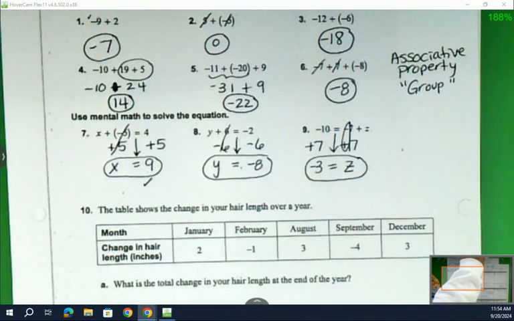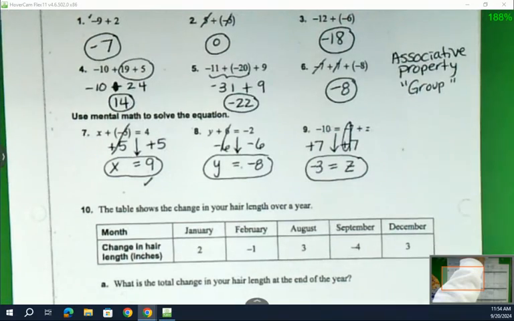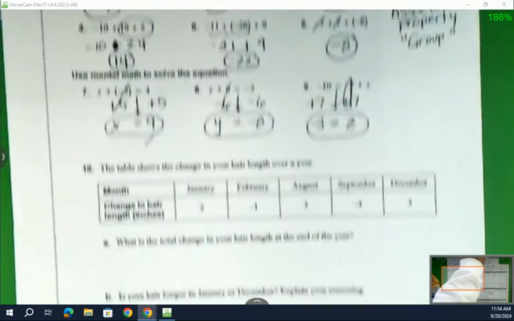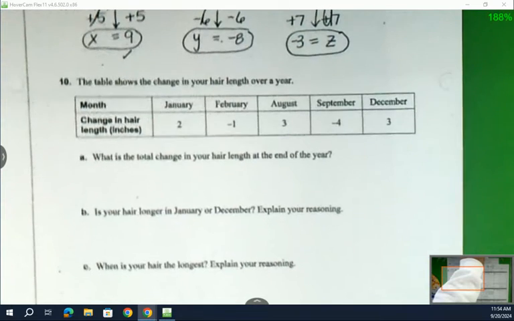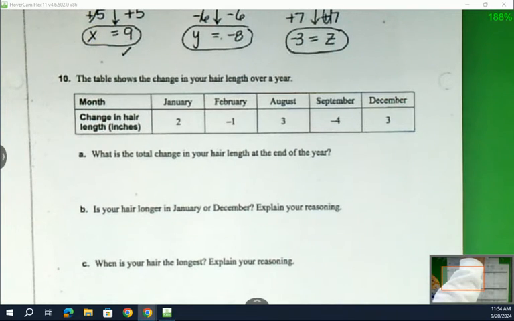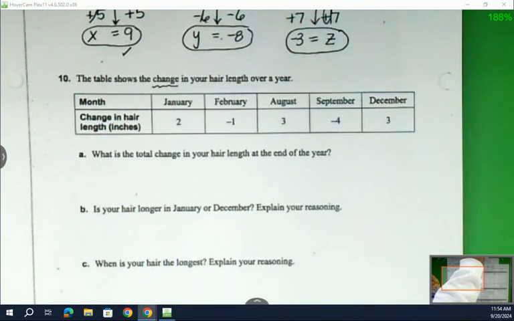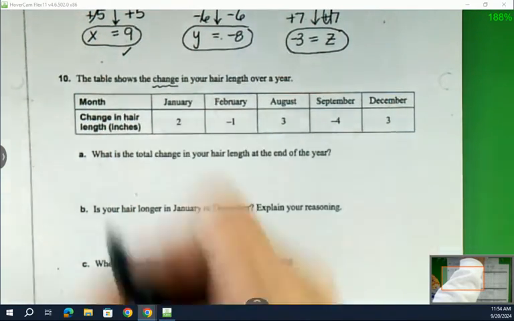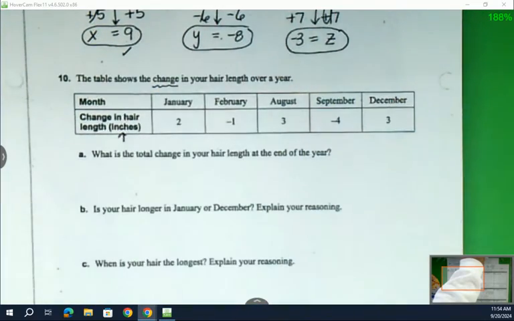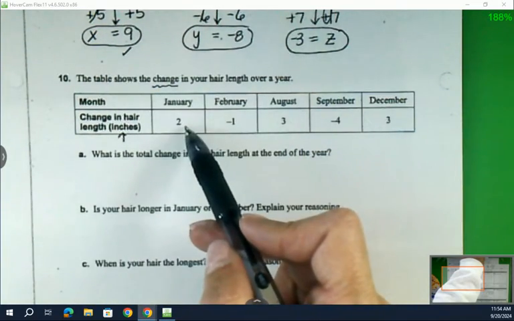Our goal is to add integers and then also solve related problems. So that's what we have here on the bottom of our page. Question number 10, the table shows the change in your hair length over a year. So we're talking about how it's changing, not its actual length. And the units are inches. So looking at January, we have a +2.